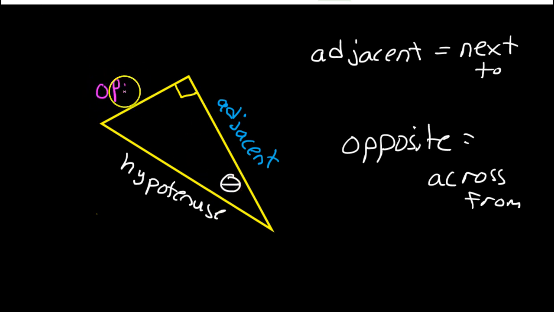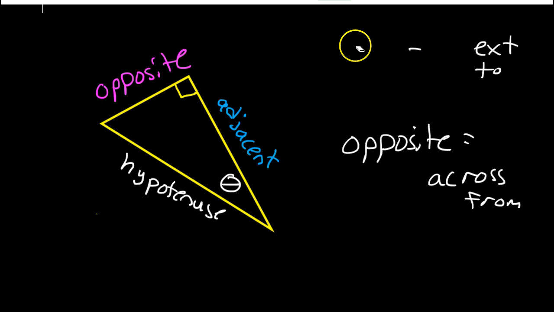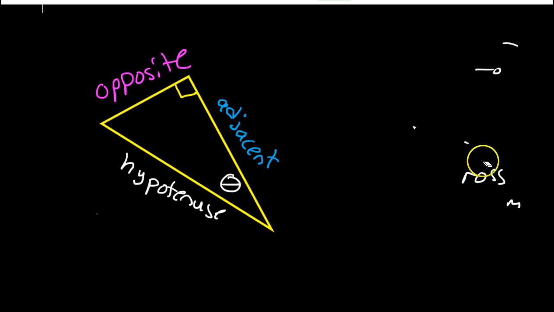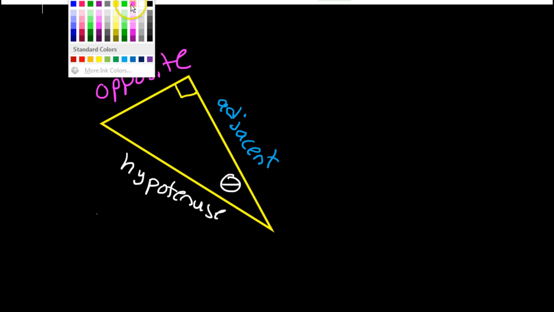So this will be opposite. Once you have decided which leg is opposite, which leg is adjacent, and which side of the triangle is the hypotenuse, then you can define your trig functions. And it's going to go like this.